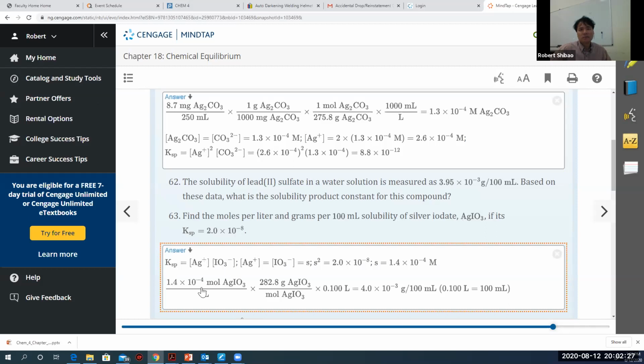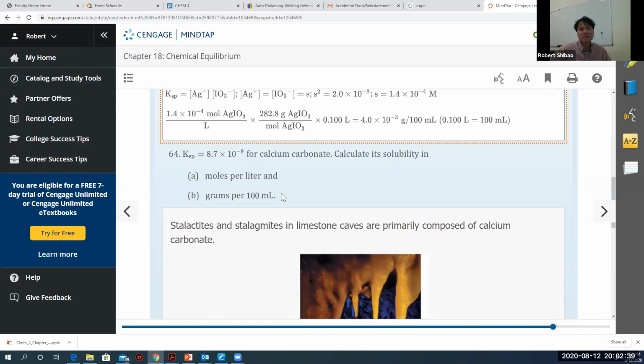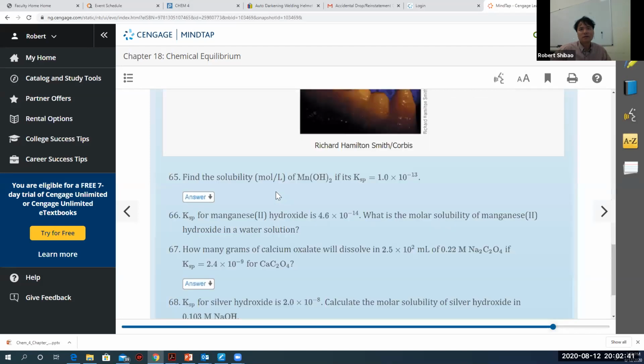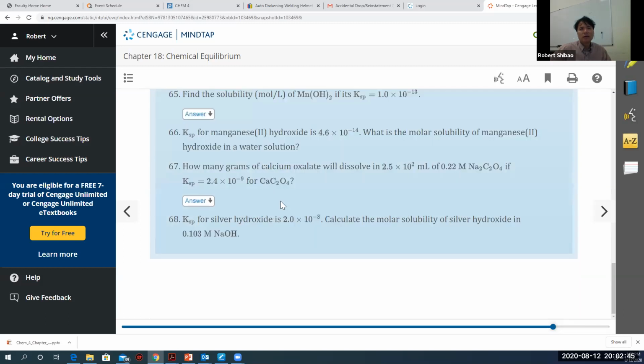It's going to be silver times iodate, and silver concentration equal to iodate concentration, which we'll call S squared. And so we set this up in a table, but it's just going backwards here. And this Ksp stuff is beyond the scope of the class. Find the solubility, this is going backwards again. Find the grams, this is going backwards again, figuring out how much dissolves.